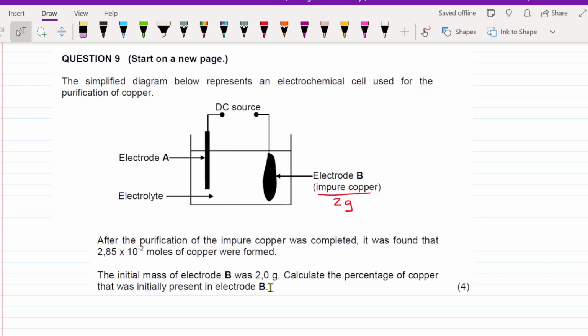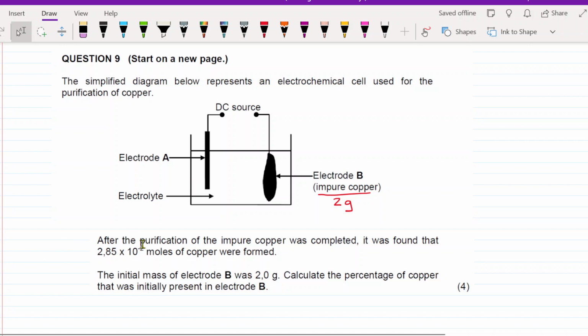So the percentage purity. The percentage of copper that was initially present in electrode B is the percentage purity of copper. So we're going to have to use the formula of the percentage purity to find the percentage of copper that was initially present in electrode B. Let us check what we have here.